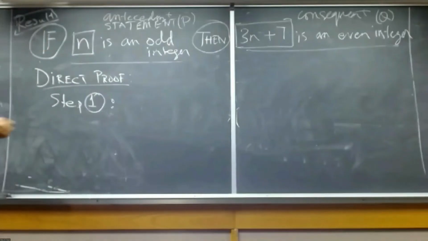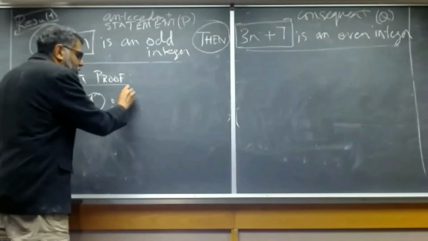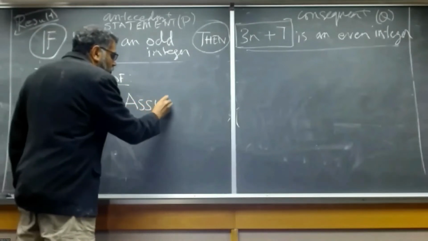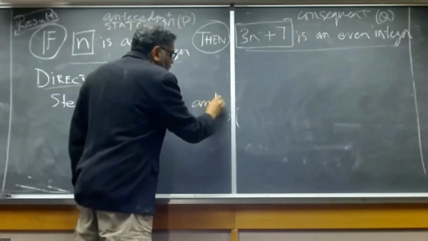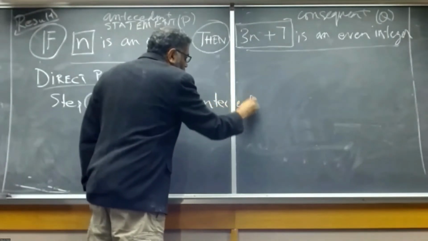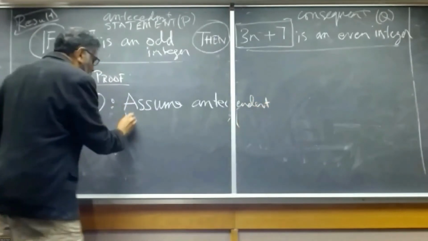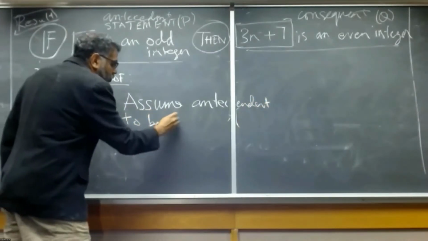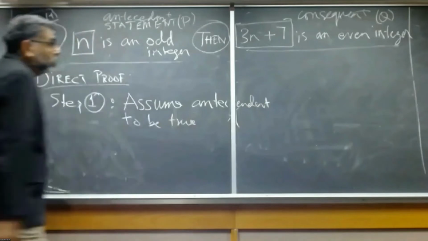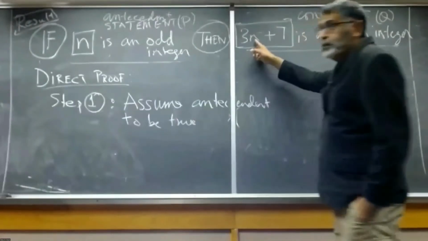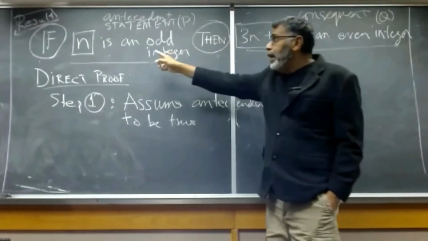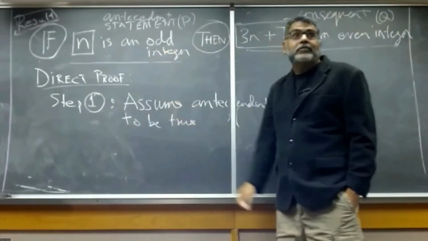Okay, so step one is the assumption step. You have to assume the antecedent to be true. In other words, the n that we will replace here will be an odd integer.